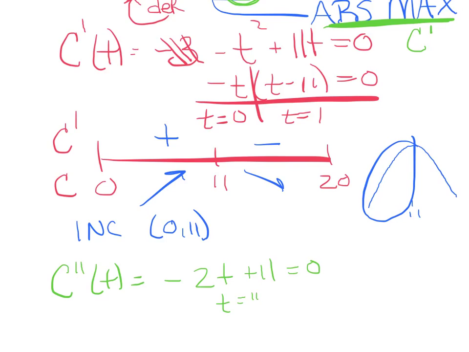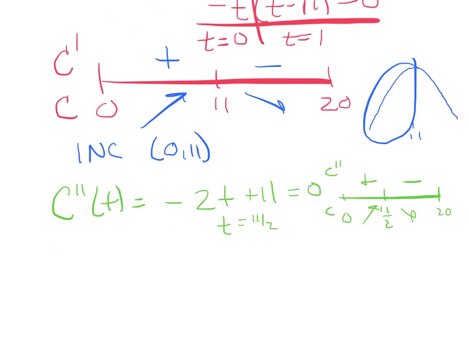I've got t equals 11 halves. Quick check, 11 halves from 0 to 20. C double prime and C. If I plug a 1 in, I get a positive. If I plug a 19 in, I get a negative. Therefore, C is increasing at its greatest rate at t equals 11 halves.